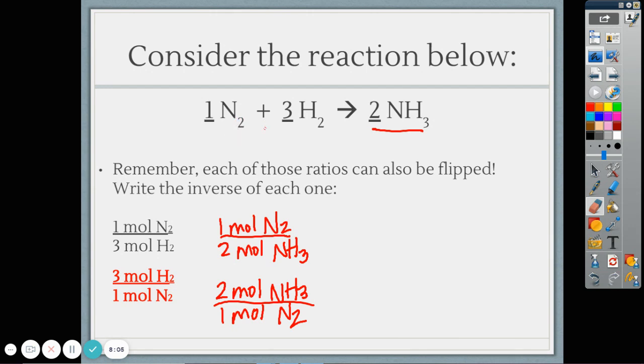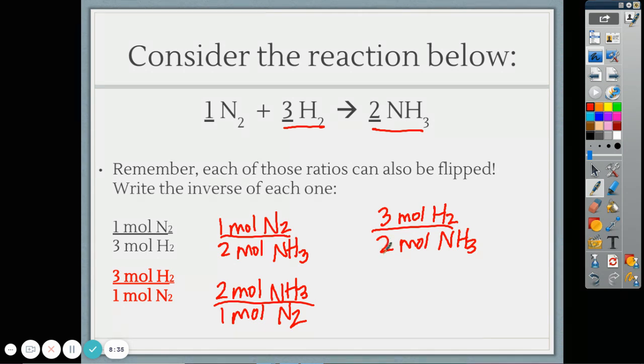And so the last one is going to be the relationship between hydrogen and ammonia. So 3 moles of hydrogen. Notice I'm just pulling directly from the coefficient, and then there's a 2 with NH3, so 2 moles of NH3. And again, if needed, I could keep that same relationship.